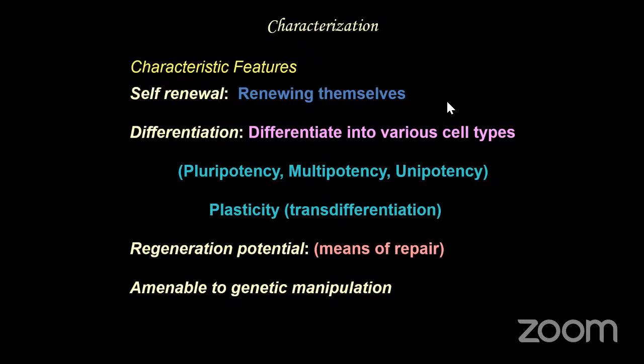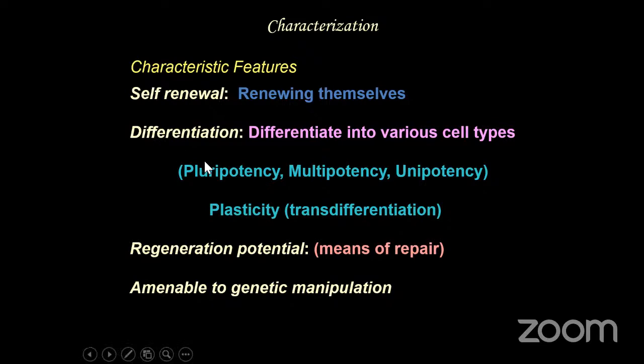For that, the basic characteristics of stem cells, the unique features, are self-renewal and differentiation. In embryonic stem cells it is indefinite self-renewal, which is nothing but renewing themselves. Because they possess very high telomerase activity, they can divide or self-renew indefinitely. In contrast, in adult stem cells the telomerase activity is less, which is why they have limited self-renewal ability.